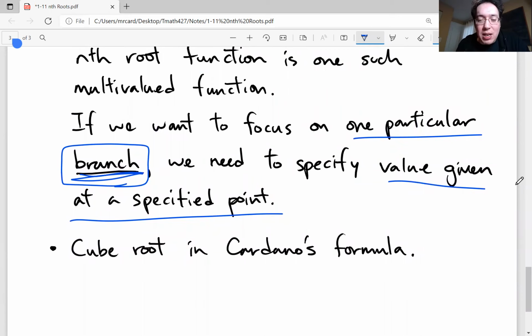We looked at Cardano's formula for solving cubic polynomials, and we're taking the cube roots. And sometimes the inside is complex, so you already have to do the cube roots of complex numbers, right? You might wonder, which branch should we look at? Well, you can pick one, and it works. And then if you want the other solutions, you have to pick different branches, right?